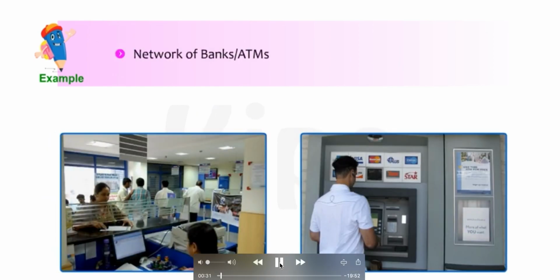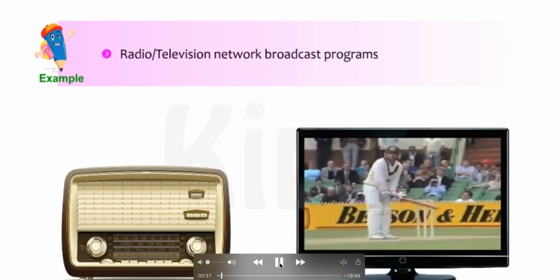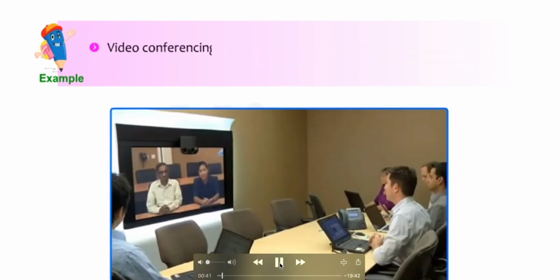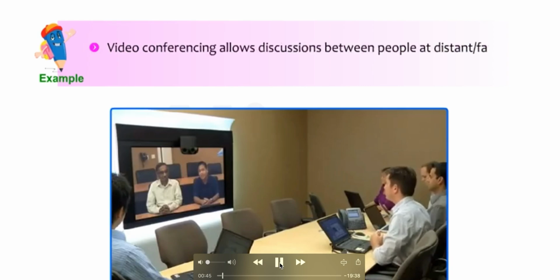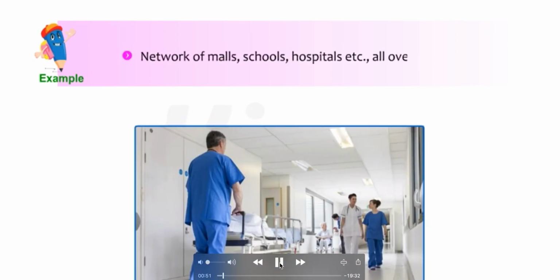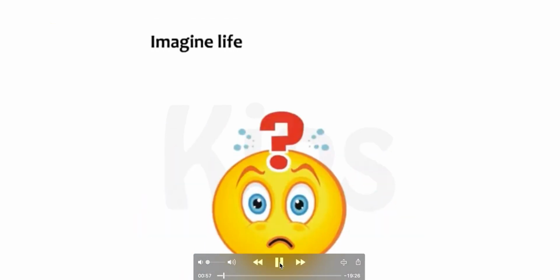Network of banks and ATMs, and the radio and television network, which broadcast programs live across the globe. Video conferencing allows discussions between people at distinct far-off places. Network of malls, schools, hospitals, etc. over the country. The internet is an outcome of cyber networking.